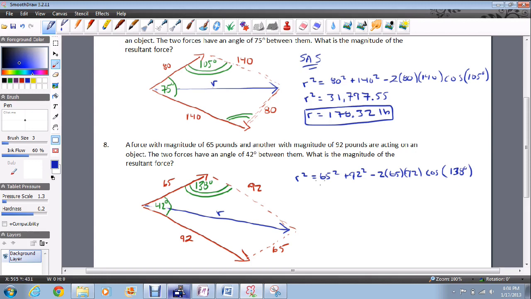If you plug all that into your calculator, you should get 21,577.01. Take the square root, and you get a resultant force of 146.89 pounds.